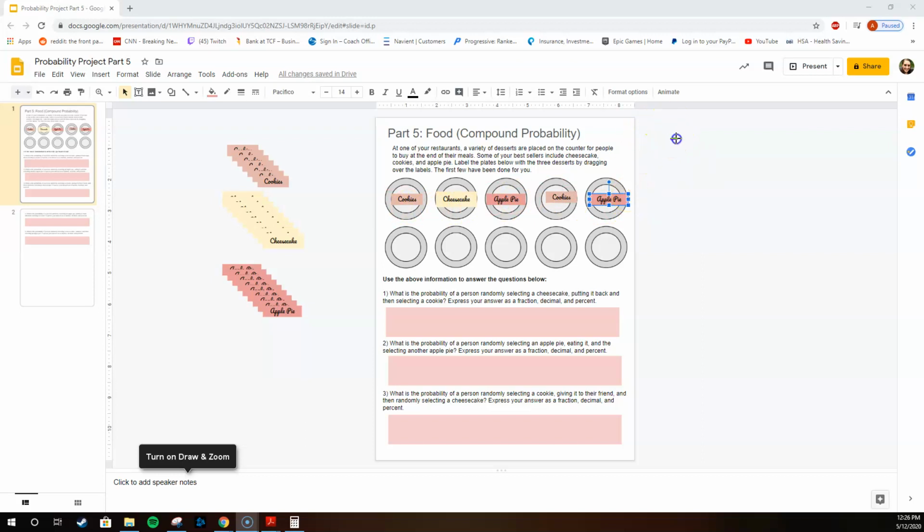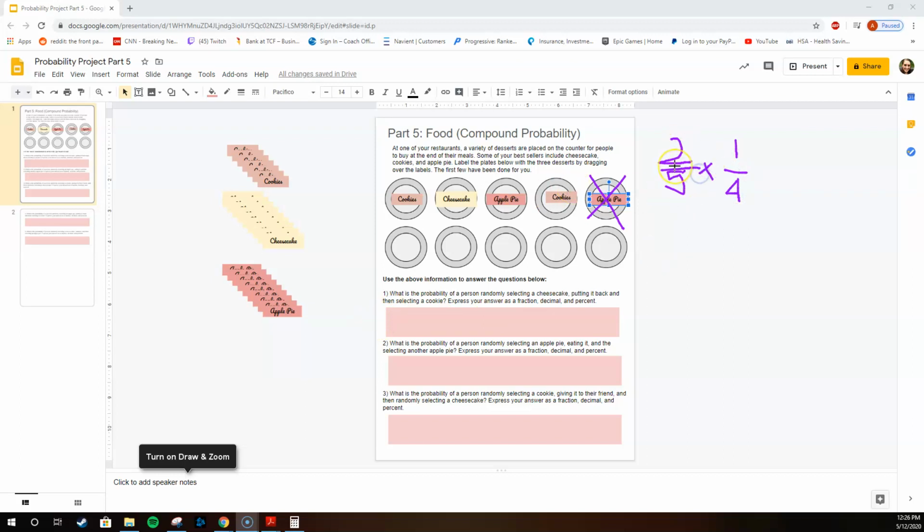So the probability of choosing an apple pie is 2/5. But if I choose apple pie, then somebody needs to come and grab a cheesecake. Now there's only 4 plates left, so I have a probability of 1/4 of grabbing a cheesecake.